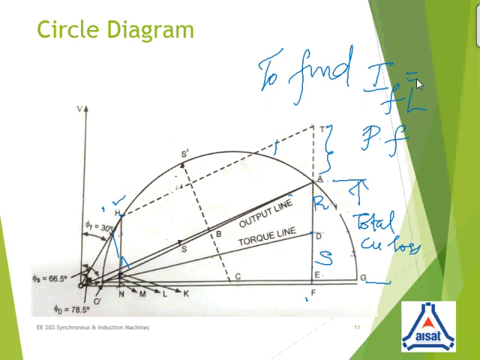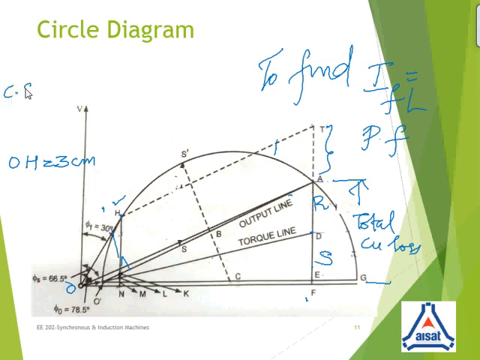Now you need your full load current value. You measure the value OH. This is your O. So measure OH. OH upon measurement is 3 centimeters. Hope you could recall your current scale. In fact, you need to have your current scale written on the graph where you draw your circle diagram.